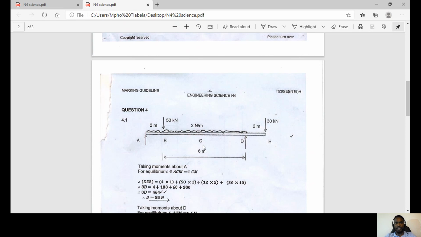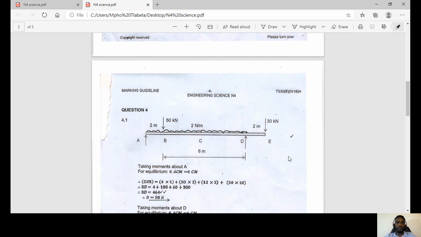And the length between A and B is 2 meters, and the length between D and E is 2 meters. And we all know that the total length of the beam is 10 meters. The beam is 10 meters long, meaning if we've got 2 meters here and we've got 2 meters here, it means the remaining length between B and D will be 6 meters.